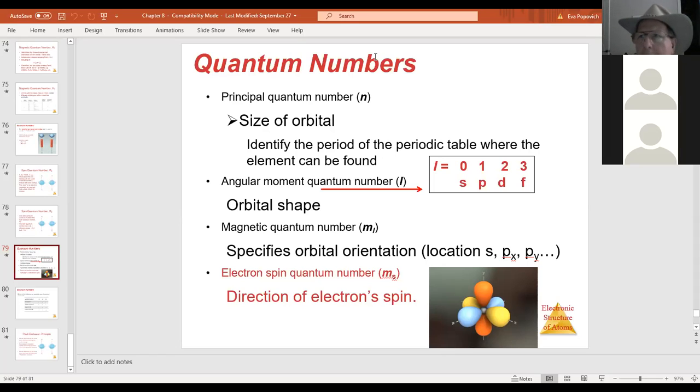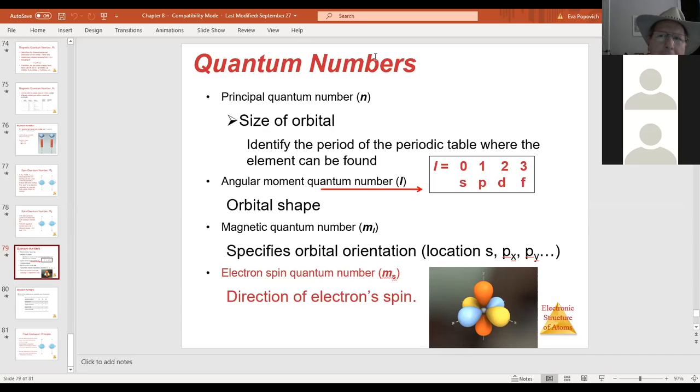Now, the second quantum number, L, gives you what's called the angular momentum. What that does is dictate the shape of the probability graph. L can be any number from n minus 1 down to 0. So if n is 3, L cannot be 3.